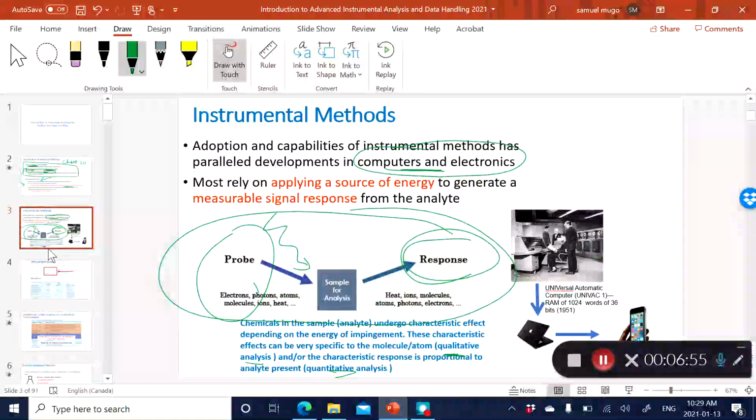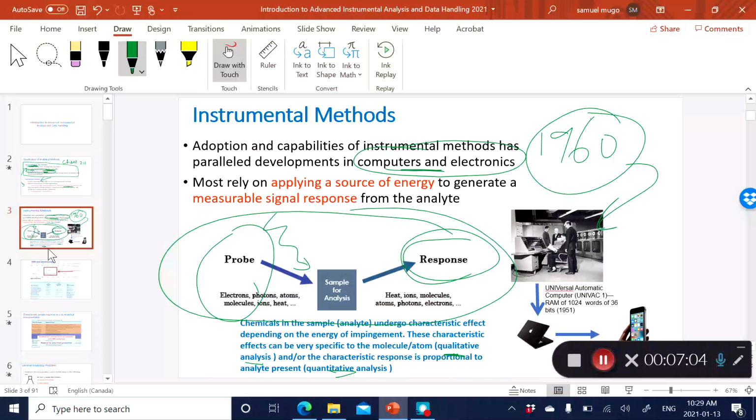As I've said, most of the instrumentation started to be developed from the 1960s, which is in line with when computers started to be developed. For example, in 1950, that's when the very first automatic computer, which was very, very big, the size of a room, with only a RAM of 1024 words or 36 bits.